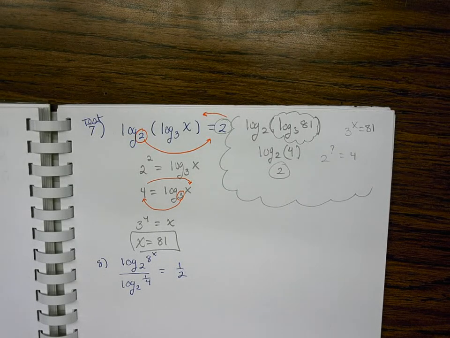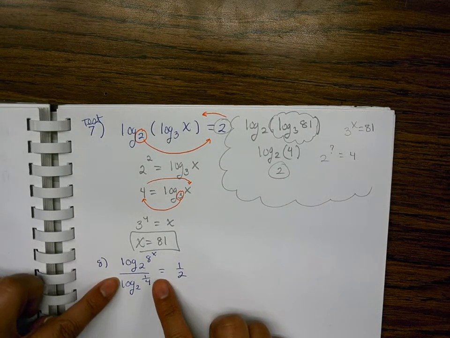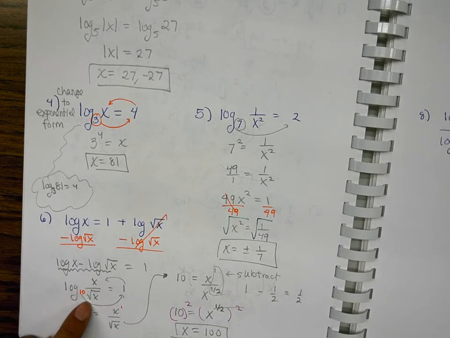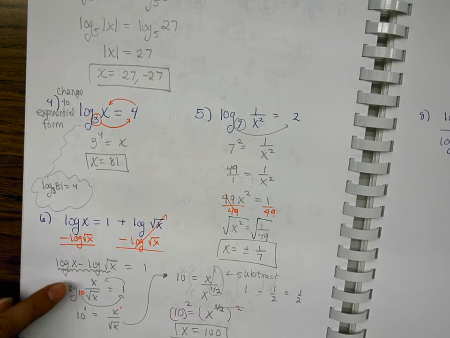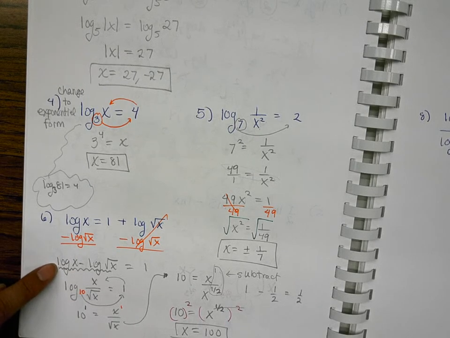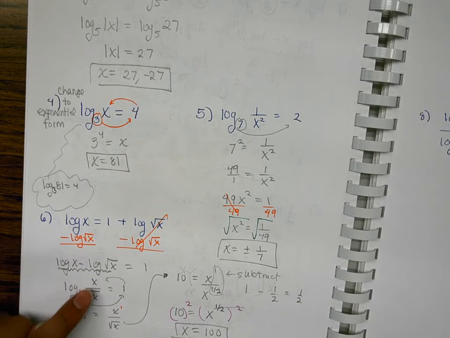Okay, first off, I want everyone to recognize right now the difference between a log divided by a log versus the log of a fraction. It's the log of a fraction that we use to rewrite with subtraction signs. This is log law number 2.